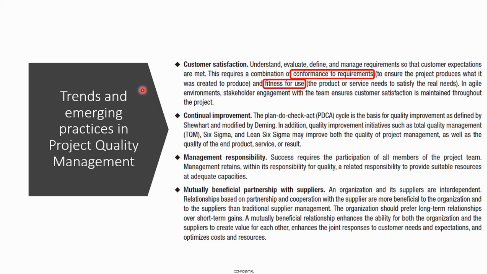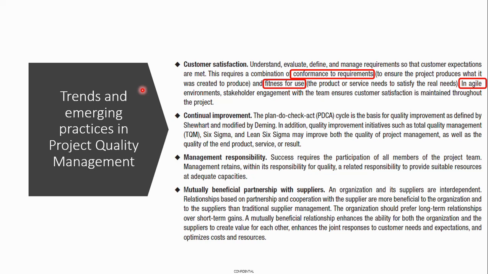So basically, it's more a trend now to get stakeholders engaged in all the stages of the project, so that by the end of the project, when the deliverables come out, the customer is fully aware of the product and fully satisfied, because you have captured all the requirements.